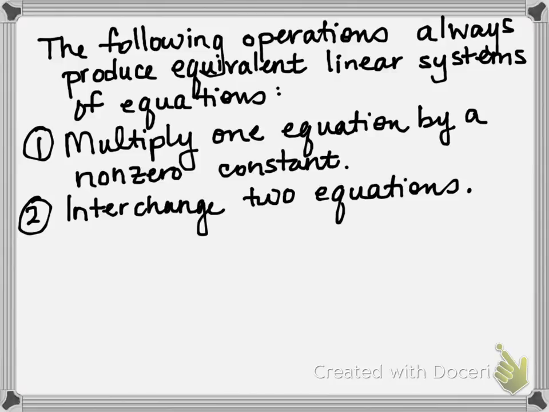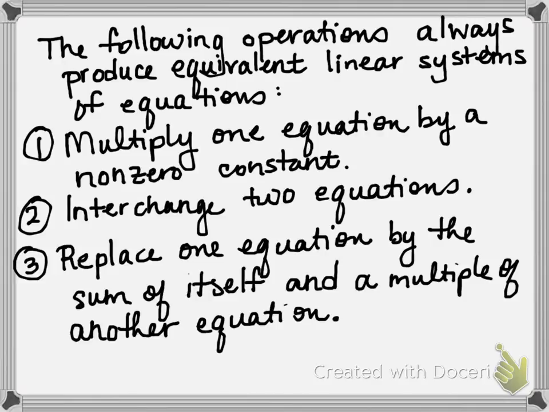That just means we can switch their order. And third, we can replace one equation by the sum of itself and a multiple of another equation. So this is the only really complicated rule that we're going to have to be careful about, but we'll do some examples of this.